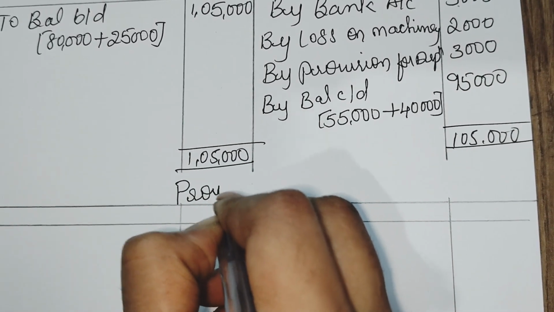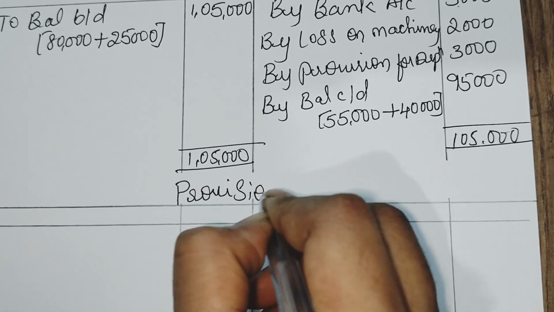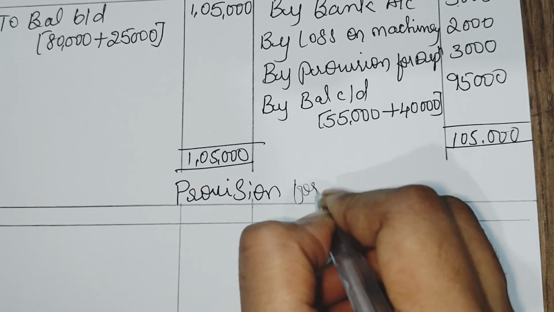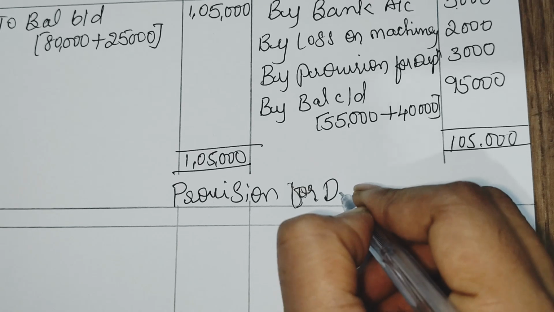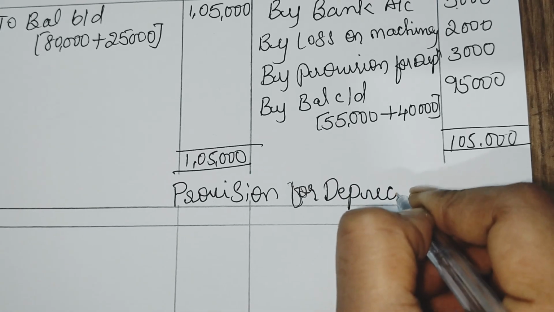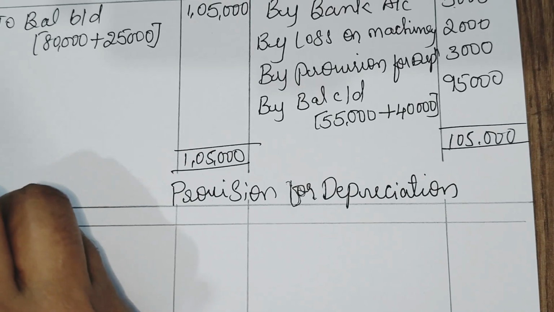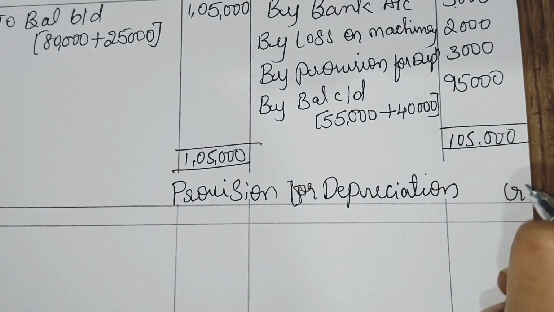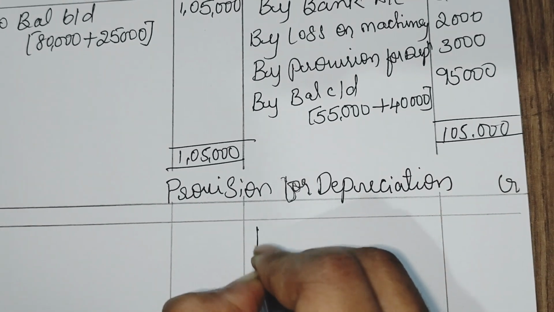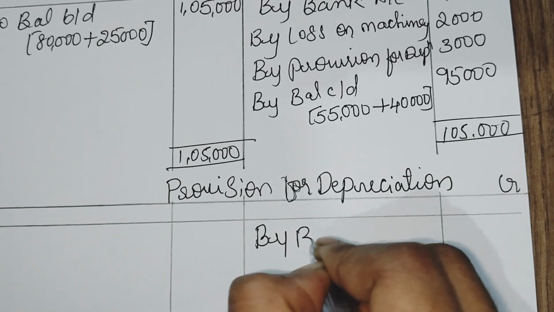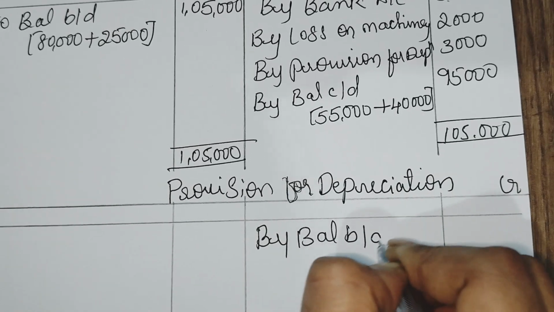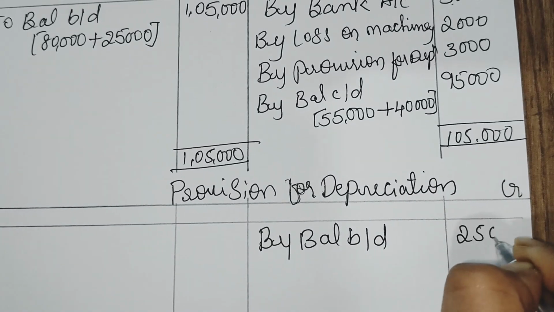Then next we are preparing the provision for depreciation account. Provision for depreciation is a liability account, so the opening balance comes under the credit side. By balance brought down, 25,000.